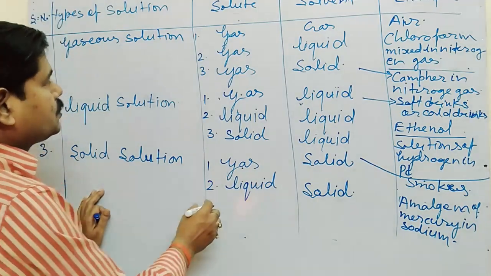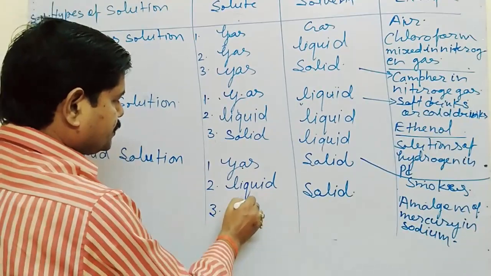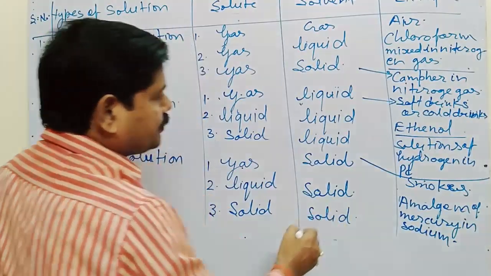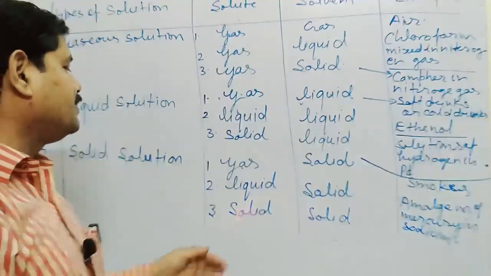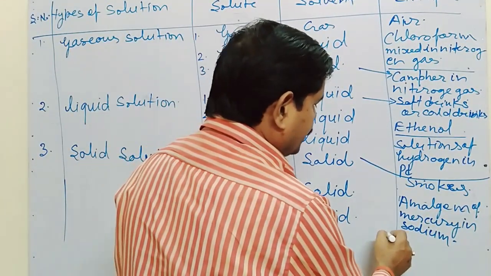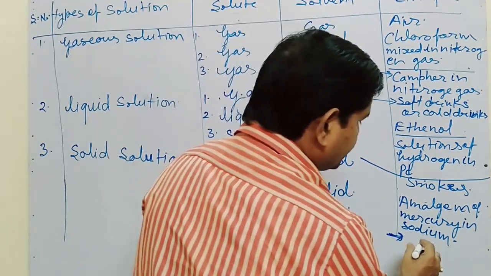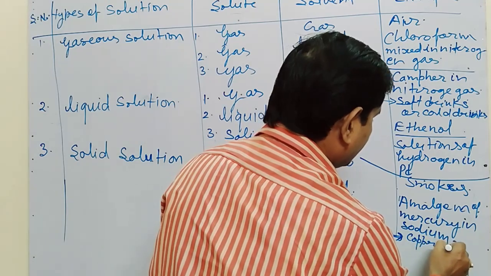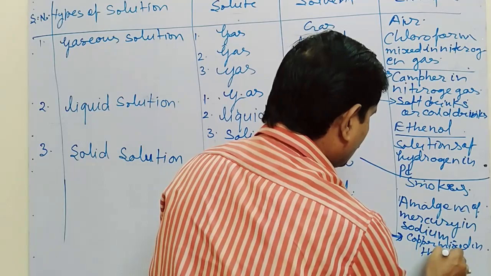The next type of solution is solid in solid. In this type both solute and solvent are solid states. The example is copper mixed in gold.